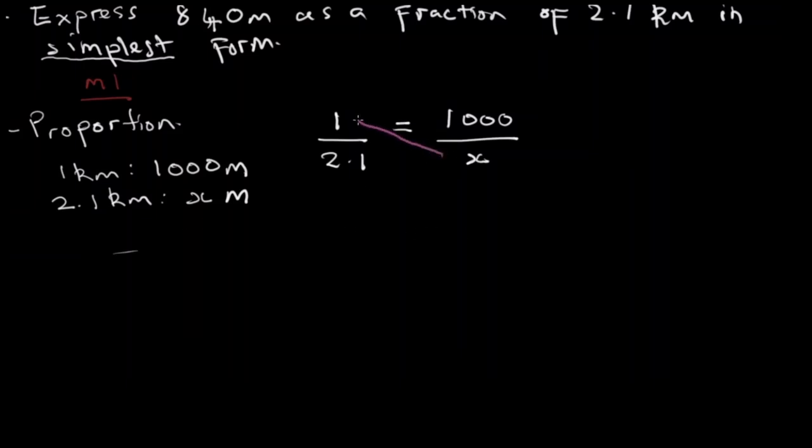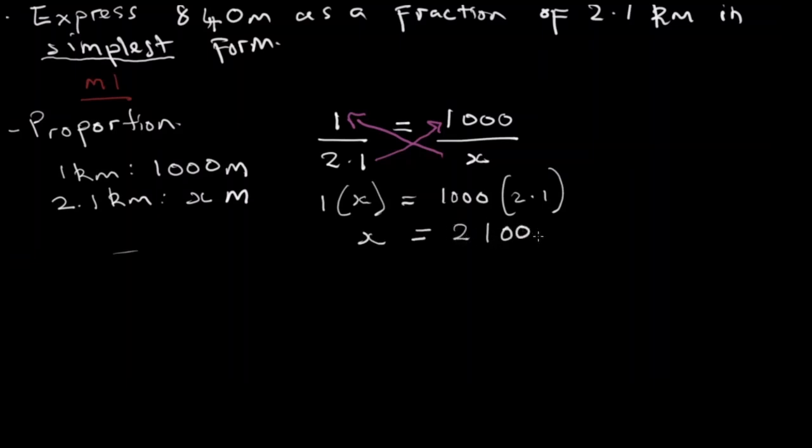So x multiplies with 1, 2.1 multiplies with 1,000. What do we get? It will be 1 times x is equal to 1,000 times 2.1. What is 1 times x? Just x, is equal to 1,000 times 2.1, which is 2,100 meters. You have arrived at your answer.